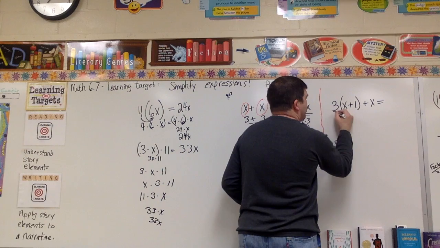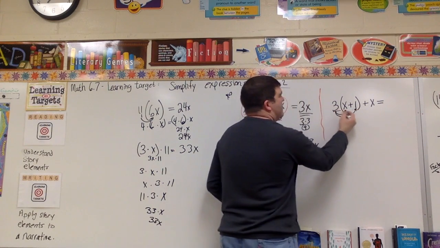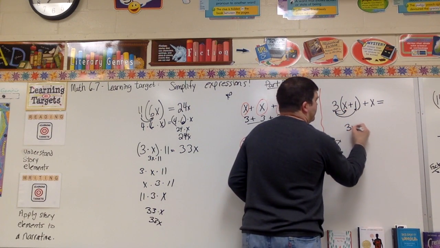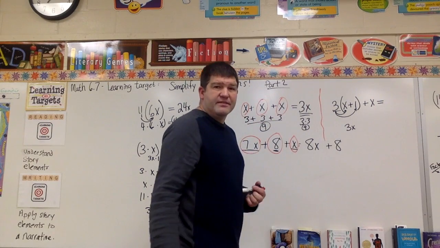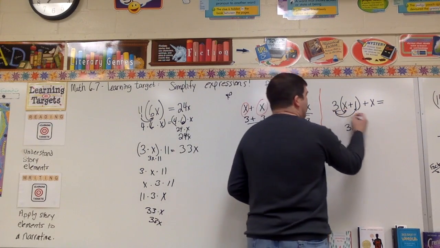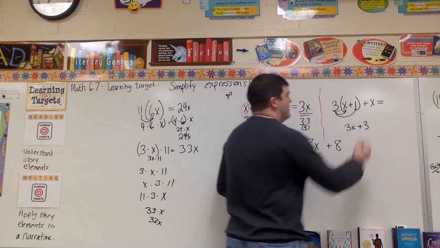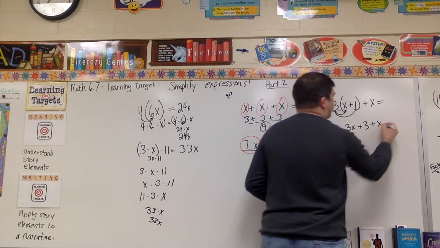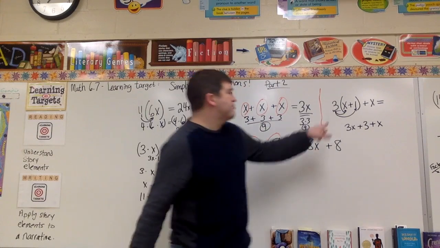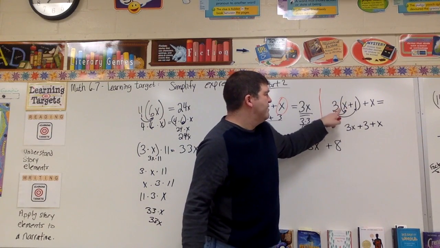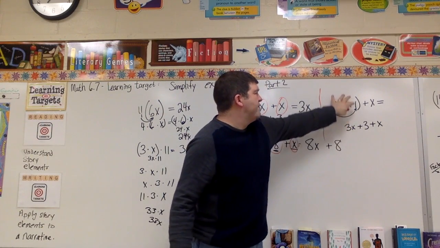So I can do that, and I can do that. 3 times x is the same as 3x, okay? And then plus 3 times 1 is 3, and then I bring everything else down, okay? So I just distributed this over here and simplified this.